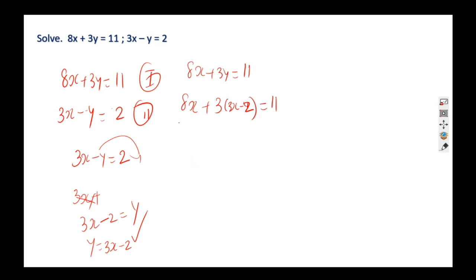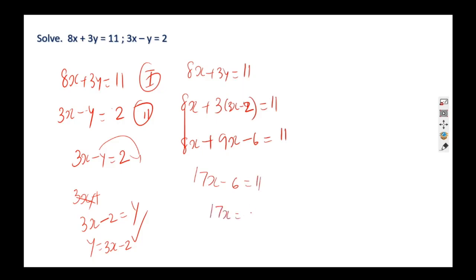Understood? That means 8x plus 3 into 3x, 9x. 3 into minus 2 is equal to minus 6 is equal to 11. 8x plus 9x is equal to 17x minus 6 is equal to 11.